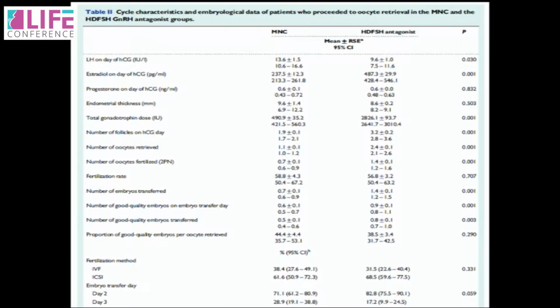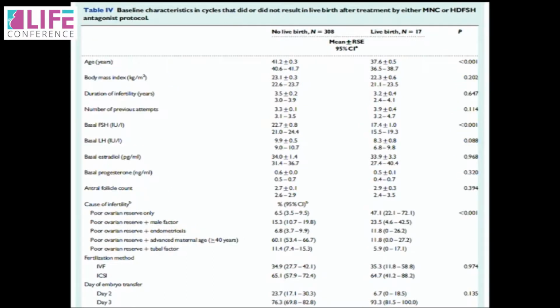These are the characteristics of the patients. The estrogen, of course, was lower, and the total gonadotropin was lower. The number of oocytes retrieved was statistically significantly lower, and the number of good embryos as well.